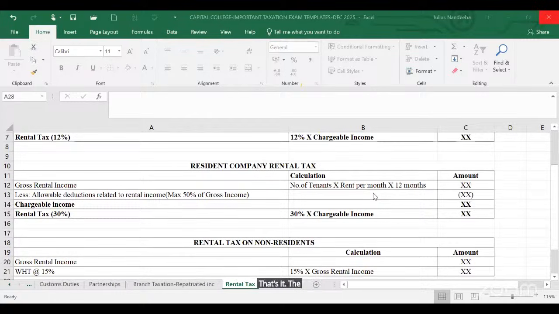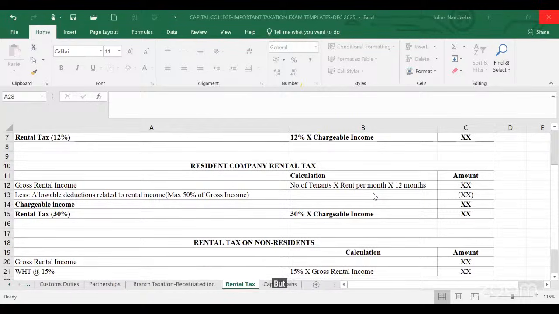The trick is on the expenses, please. We get the total expenses and we first match it with the 50% of the gross income. If the total expenses you incurred related to rental do not equate to the 50% that you've calculated of income, you claim all your expenses. After all, they are less than 50%.